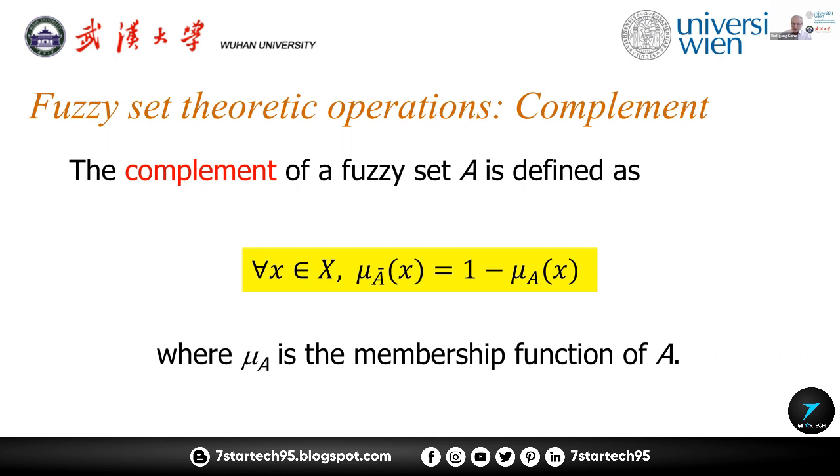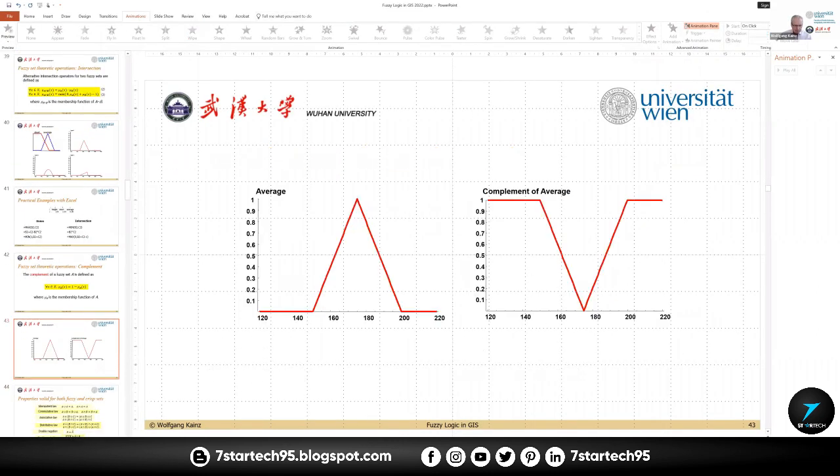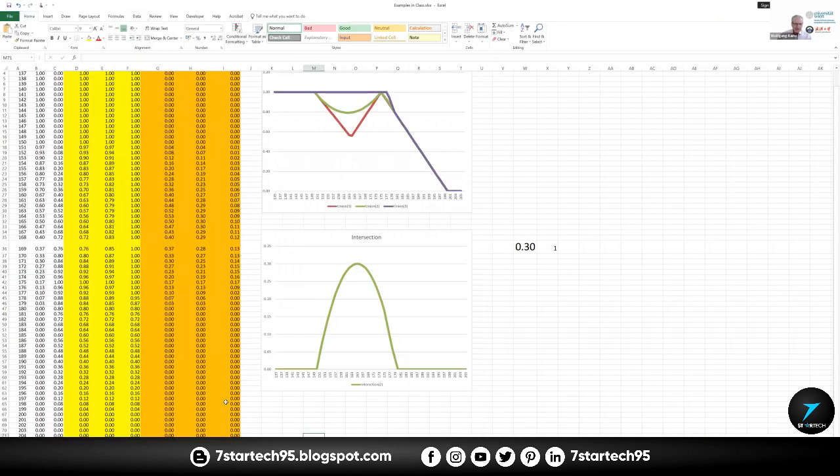So to compute the complement of a fuzzy set, you just need to compute 1 minus the membership values. And again, I have a graphical example here showing you the fuzzy set average and how the complement of average would look like. And in the same way, we can do it ourselves here.